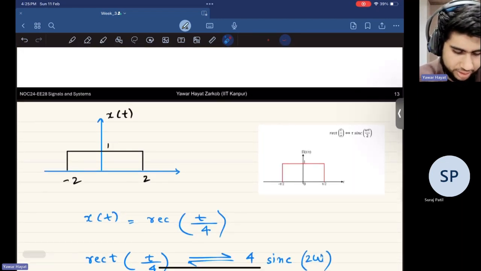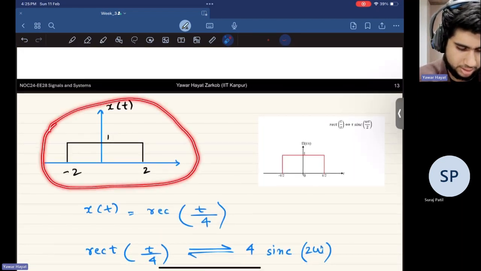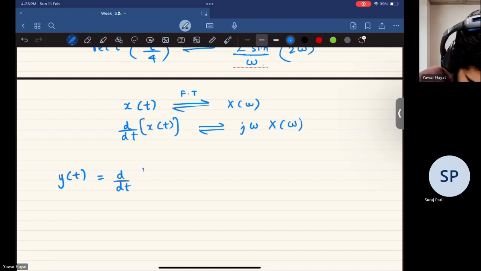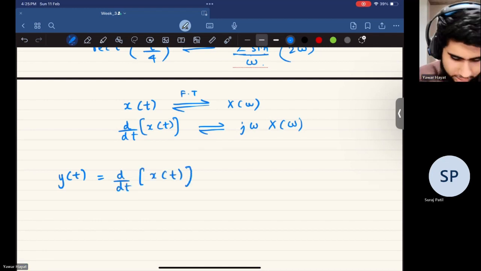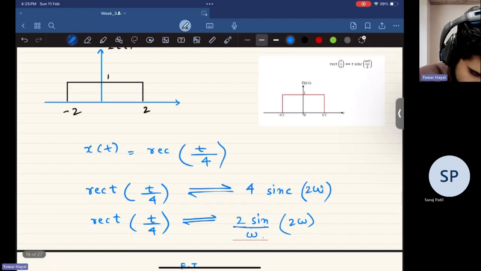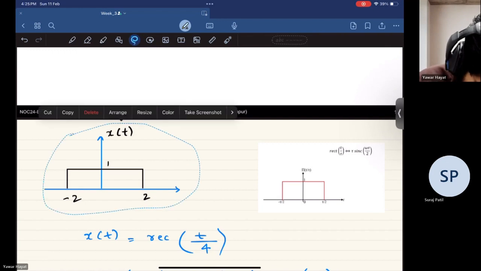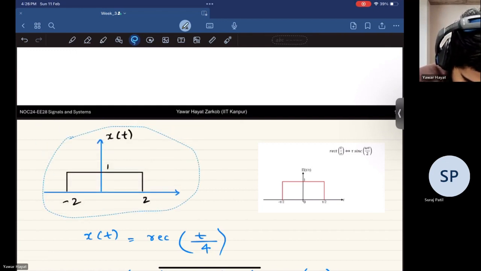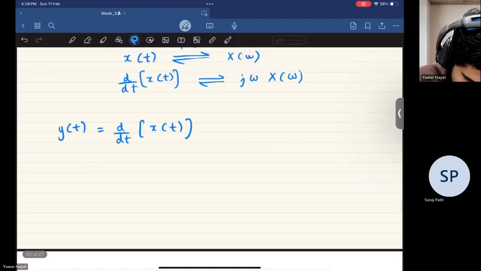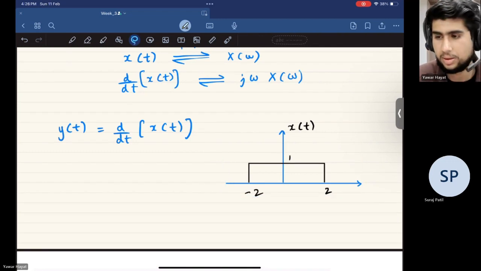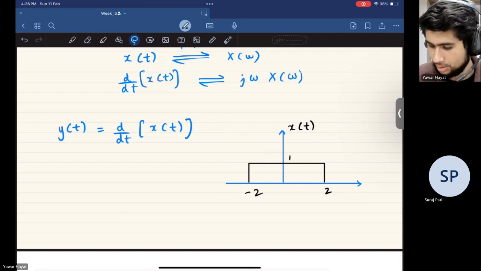So in our case, this x of t was this function. If I say y of t is d by dt of this x of t, what should be y of t? I mean, what should be the plot? Help me out.